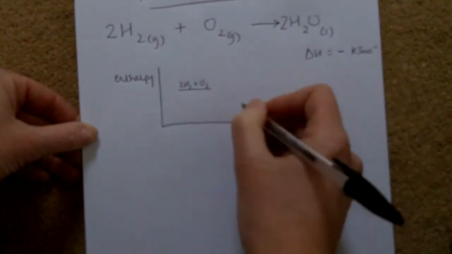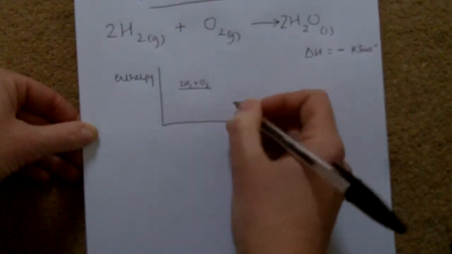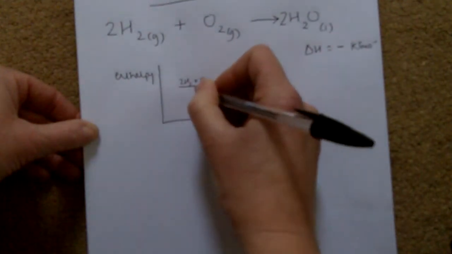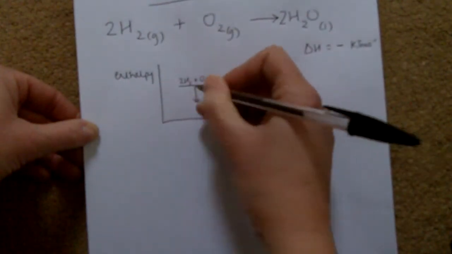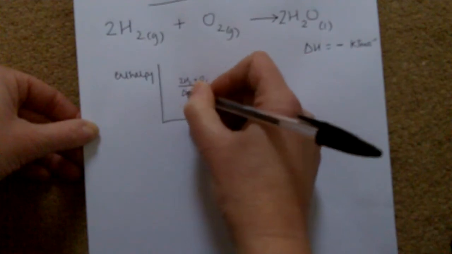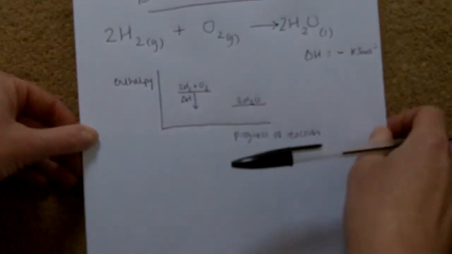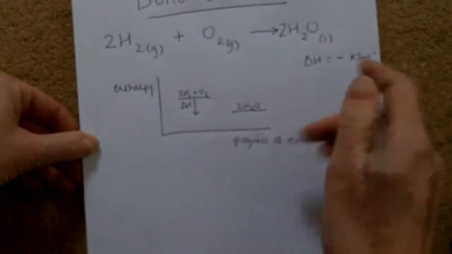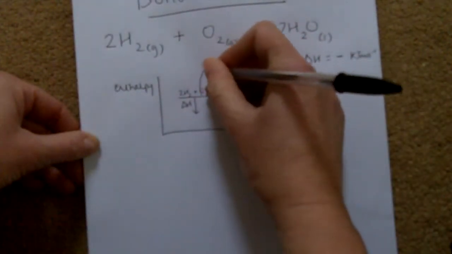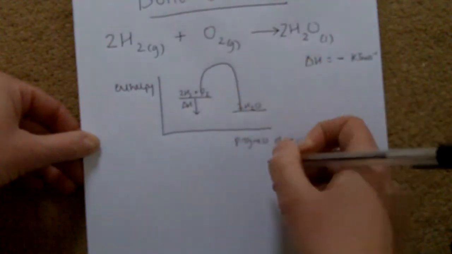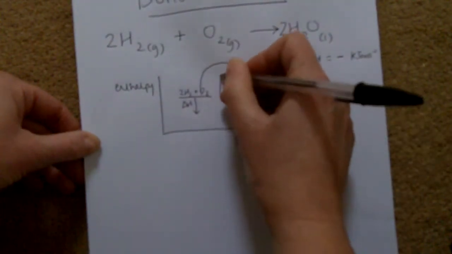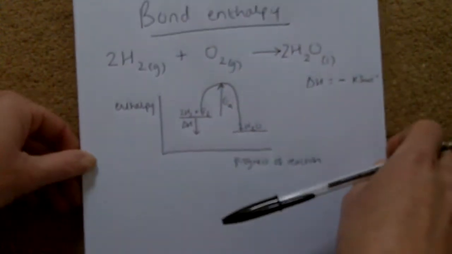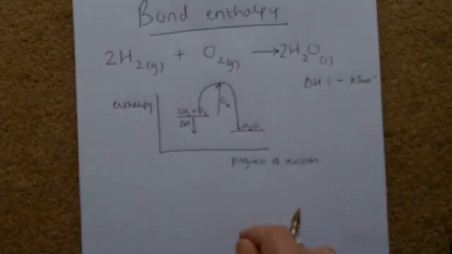Because it's exothermic, the products are going to be lower enthalpy than the reactants, and the change in enthalpy from the reactants to the products is delta H. Normally when we draw enthalpy profile diagrams, we draw a curve like this, and that's the activation energy, the minimum energy needed to start the reaction.